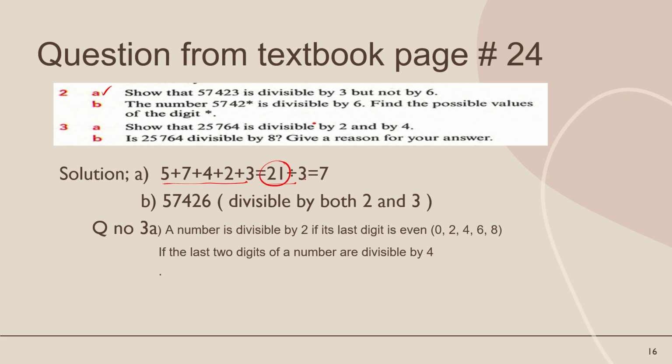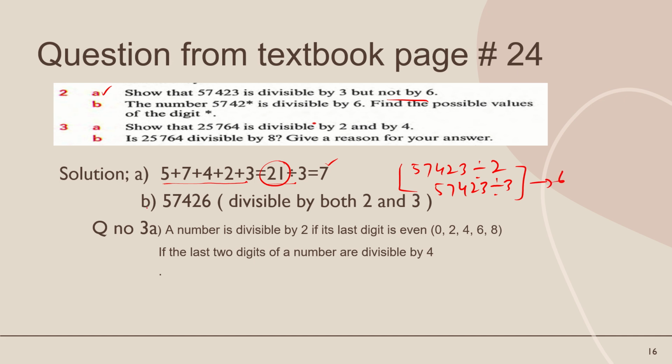So 21 divides completely by 3, so it is divisible by 3. But not by 6, because 574223 is not divisible by 2. Also it is not divisible by 2 and 3 together. So that is why 574223 is not divisible by 6.